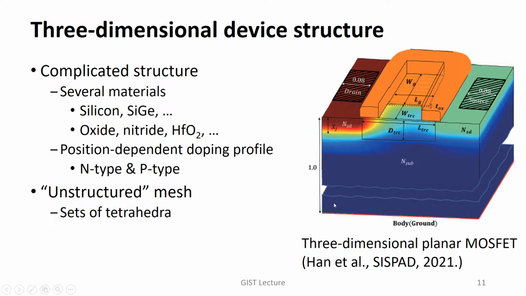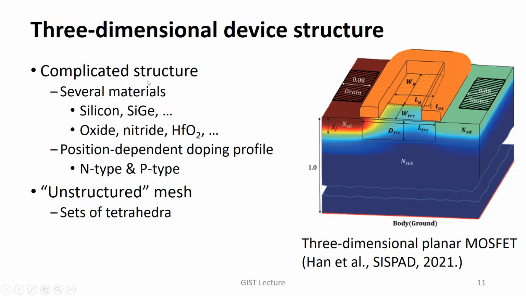Usually, in a textbook, we just visualize the two-dimensional cross-section of our structure. However, in reality, even in this planar MOSFET, we have the end of our structure and there are boundaries.